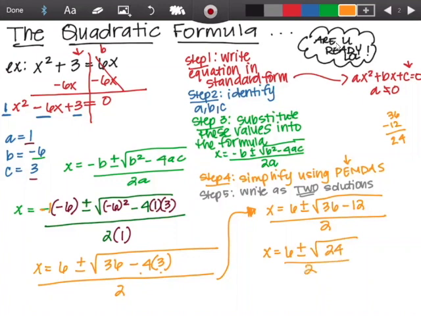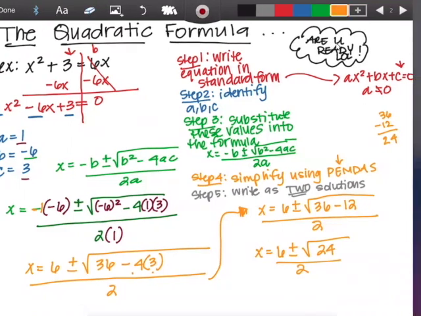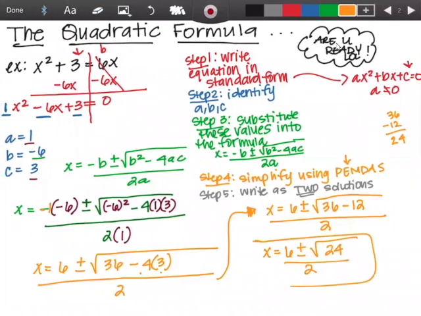All right, so once you get to this place here, you can use a calculator to get your final answers. If you do not have a calculator, you should write your answer in the simplest radical form. All right, so this is the answer that I'm going to take to the next screen because I was running out of space. So x is equal to 6 plus or minus the square root of 24 over 2.